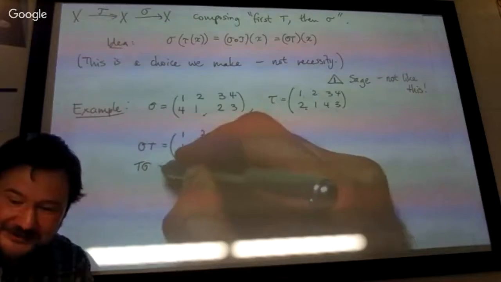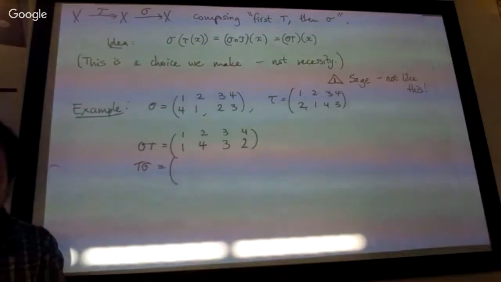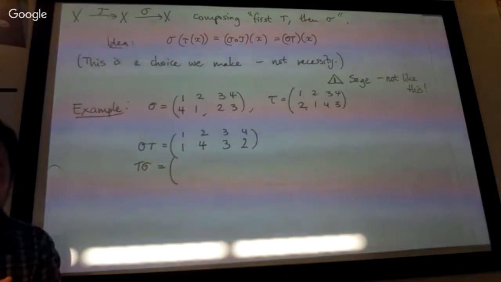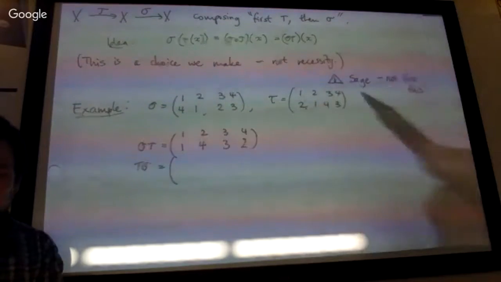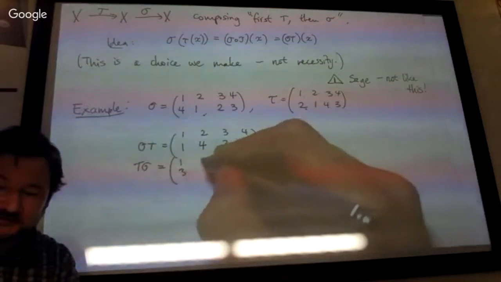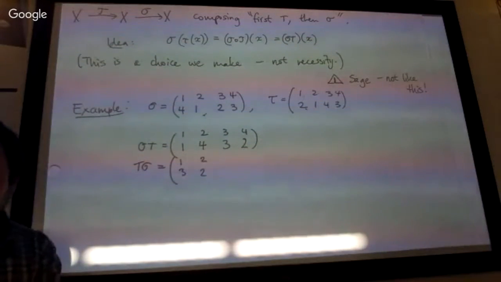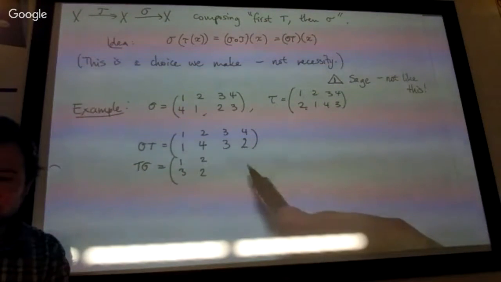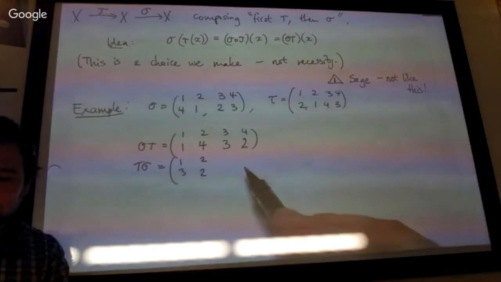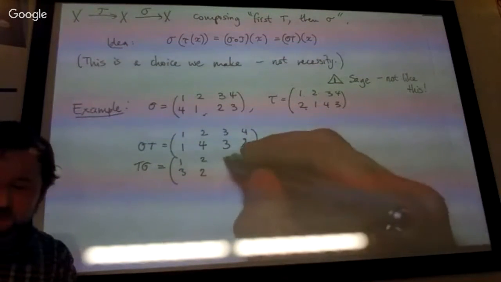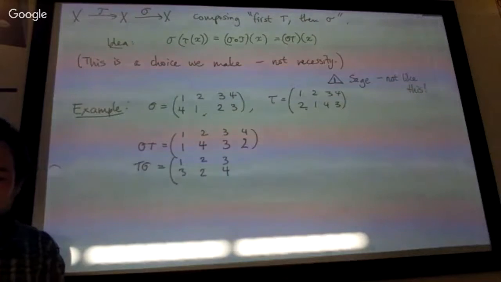Tau sigma, that means I do sigma first, and then I do tau. So 1 goes to 4, goes to 3. 2 goes to 1, goes to 2. 3 goes to 2, goes to 4. And 4 has to go to 1.